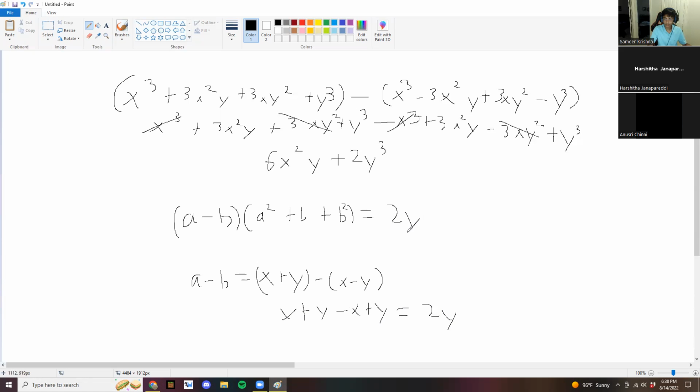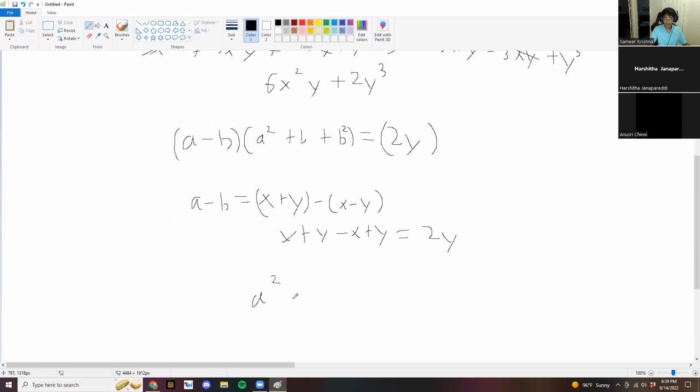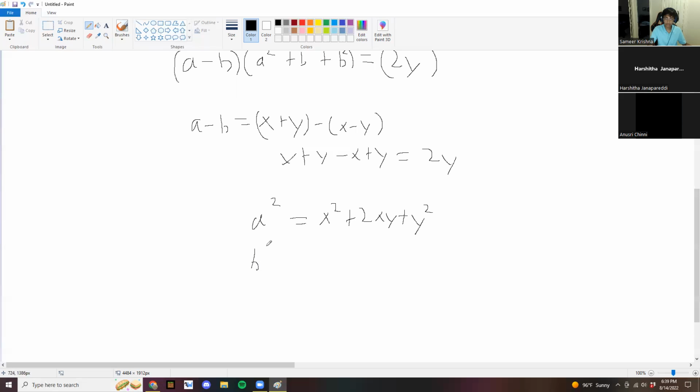So 2y times a squared, which is x squared plus 2xy plus y squared, and then b squared is x squared minus 2xy plus y squared, and then b is just x minus y.